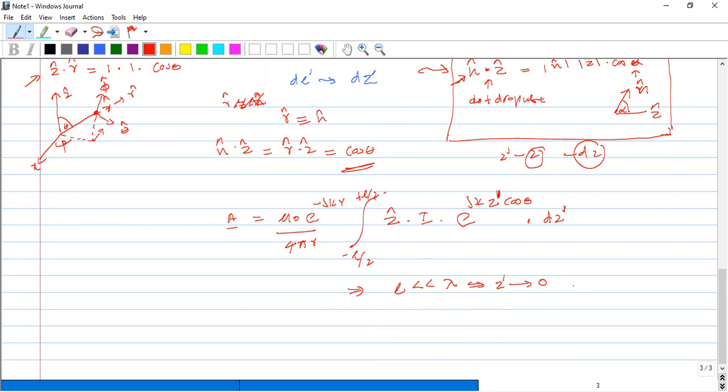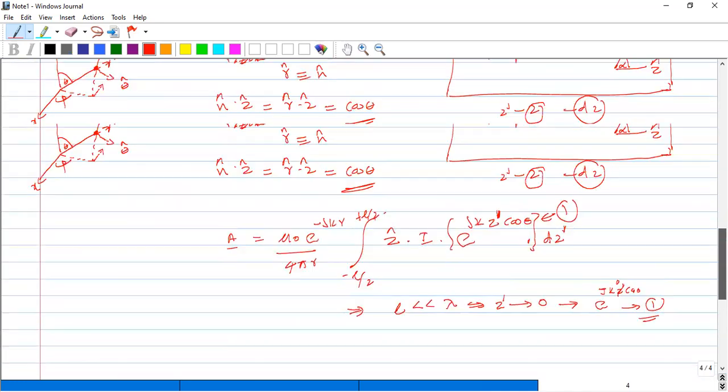So e to the power jk z dash cos theta is limiting to e to the power 0, which is 1. So you can assume that this part is equal to 1, and your integration will be very easy.